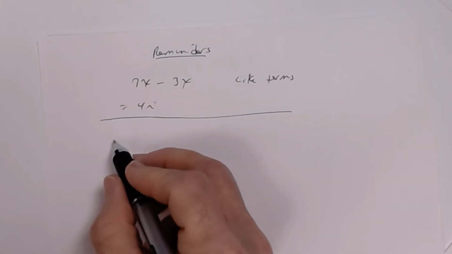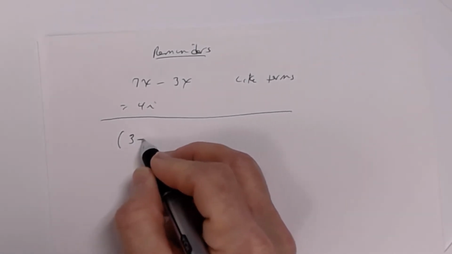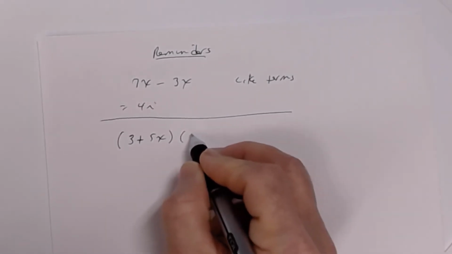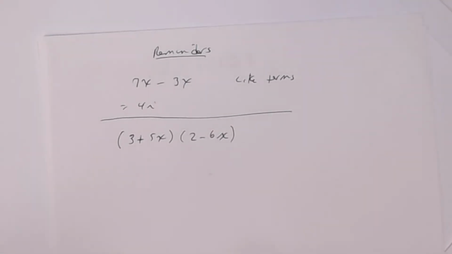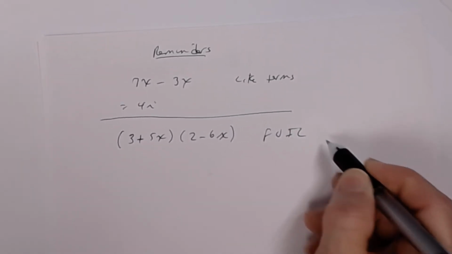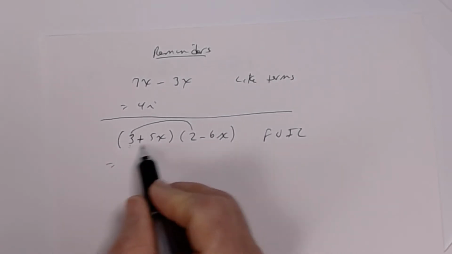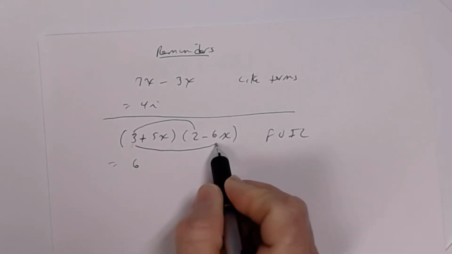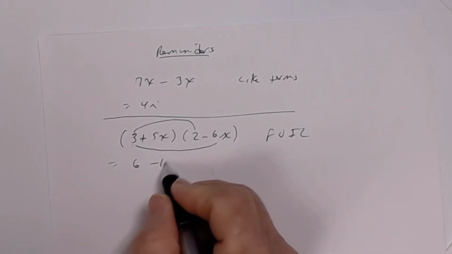One of the things I need to remind you is that when you multiply two binomials, 3 plus 5x times 2 minus, let's say, 6x, one of the methods you can use is the FOIL method. You would say first times first, so the first term of each binomial, 3 times 2 is 6. The outer, 3 times negative 6x is a negative 18x.